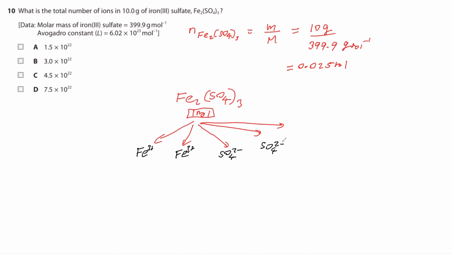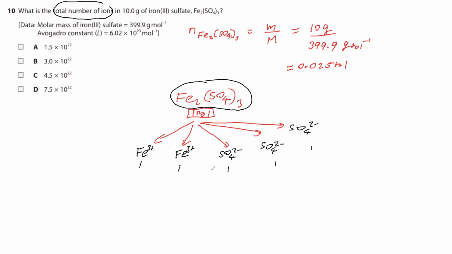Okay, that's what we get. So if I put 1 mole of Fe2(SO4)3, I'll get 1, 2, 3, 4, 5 moles of ions. They're asking for the total number of ions.